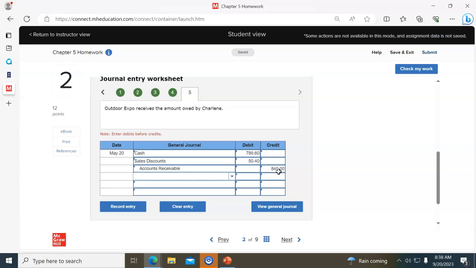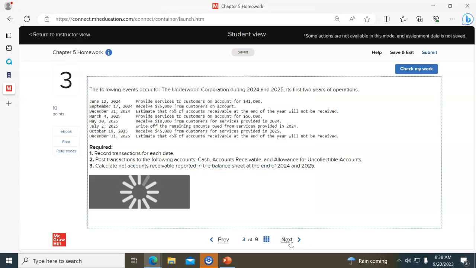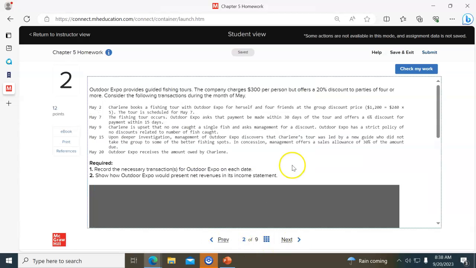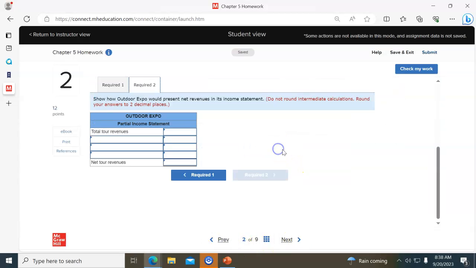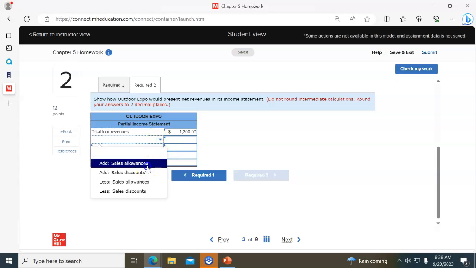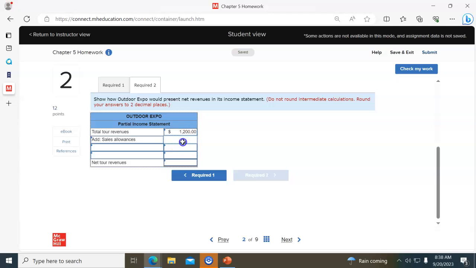Now they want us to show the transaction. Whoops. Requirement 2. So our total tour revenues are the $1,200 less the sales allowance of how much? $360.